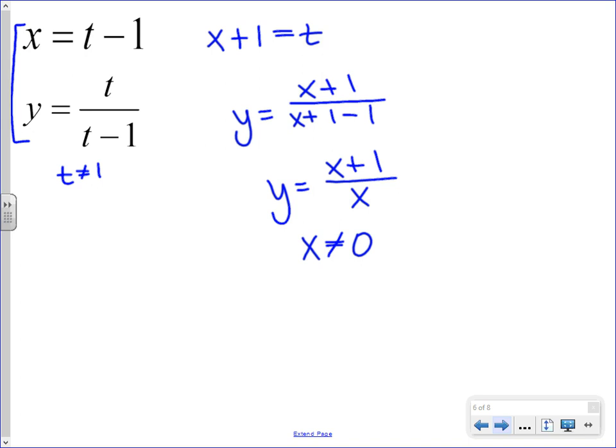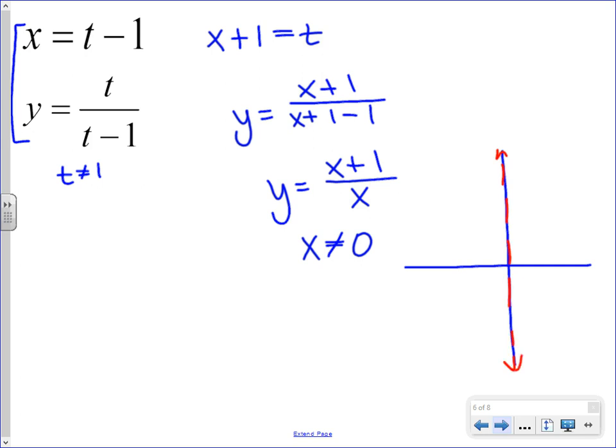All right, so anyone remember what these graphs look like? Well, x equals 0 means what? x cannot equal 0. What's happening there? An asymptote. Good job. At x equals 0, we have an asymptote.